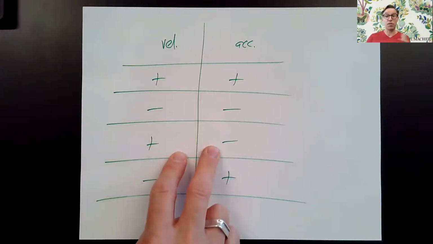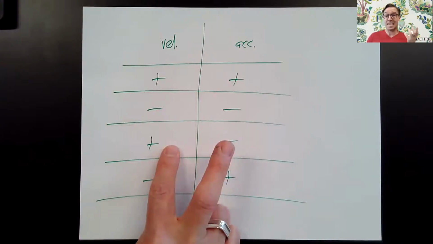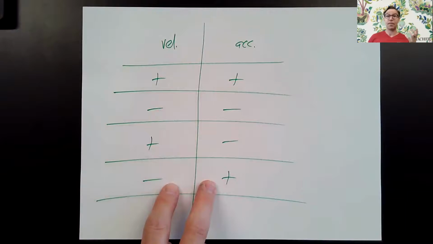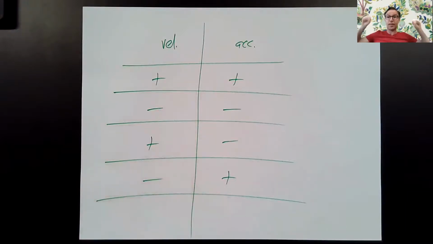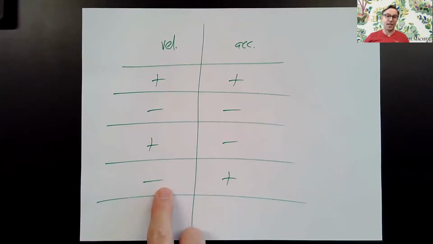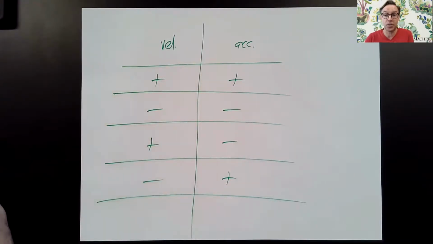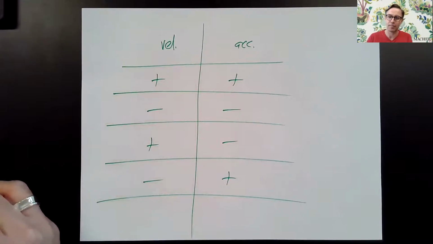What does it mean to move across the room in your wheelchair and have a positive velocity and a negative acceleration? What does it mean if you're doing pull-ups to move down with a negative velocity but still have a positive acceleration? Could you model all four of those situations? Press pause now and give it a try.